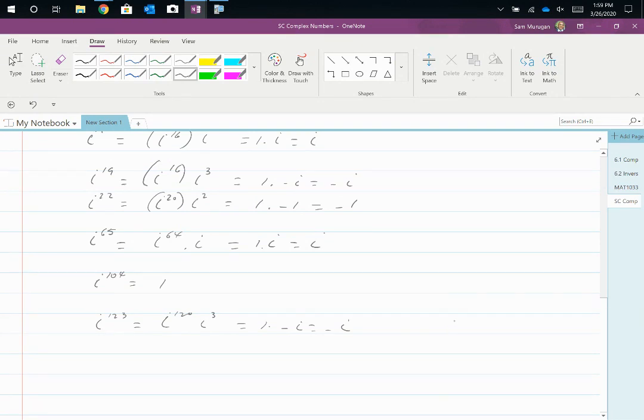FYI, just in case you're wondering, if I divide 123 by 4, 4 threes are 12, 4 fives are 20, and the remainder is 3. So this is 120 plus 3.